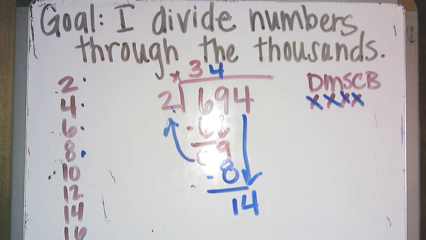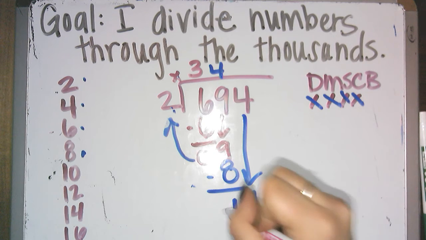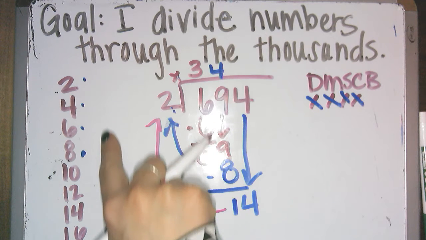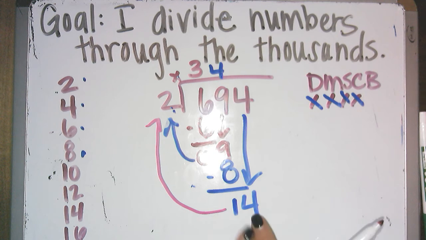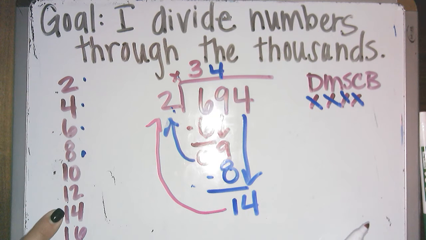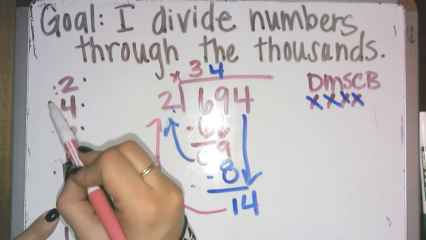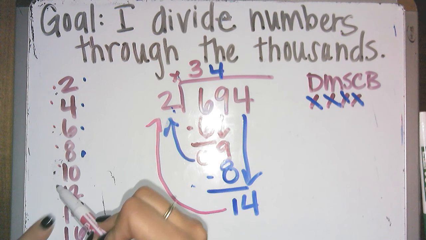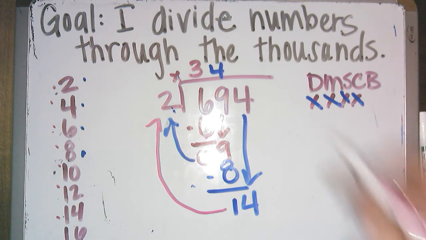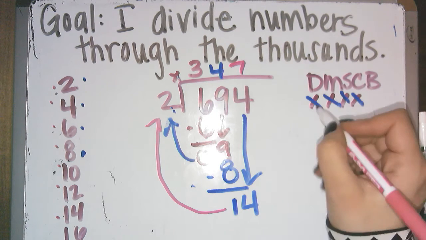Now I have 14 divided by 2. I need to go over here and find my number closest to 14 without going over. Oh, there it is. That is 1, 2, 3, 4, 5, 6, 7 times. I divided.